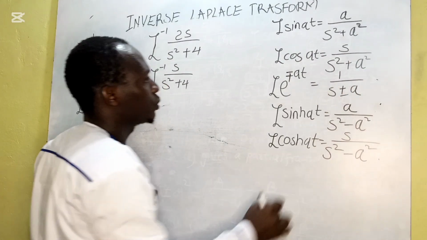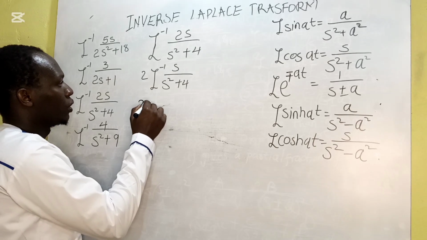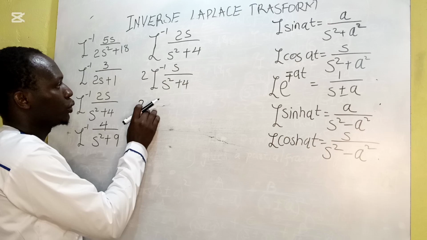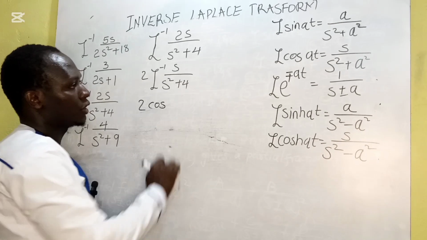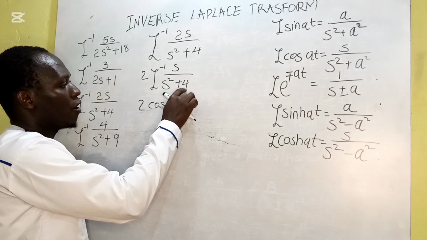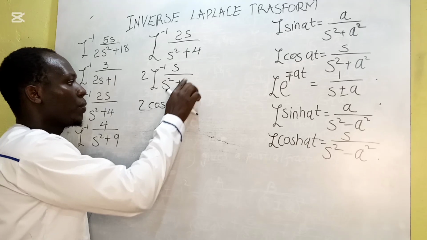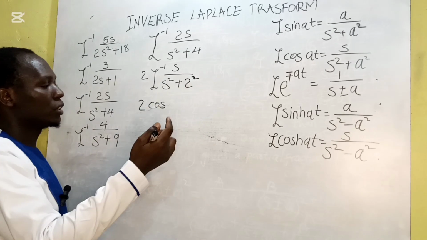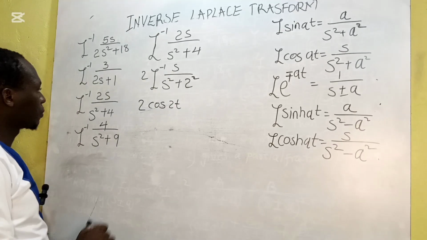So it means we are going to take our function there, and now we are going to have 2 cos of our function here, squared. Our function here is equals to 4, to mean that when we square 2, it is going to be equals to 4. So here we are going to have 2t.